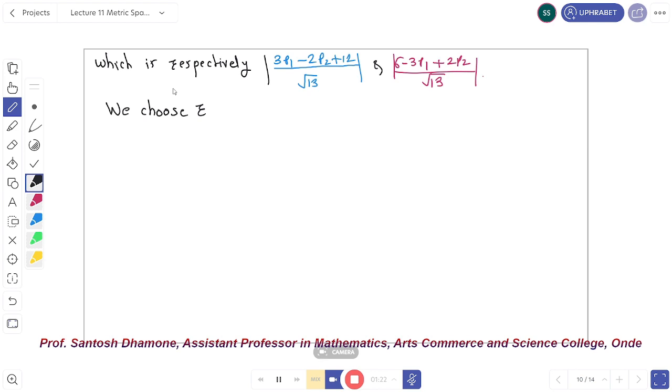Then we consider a point in this open ball. Let the ordered pair (y1, y2) belong to the open ball about (p1, p2) with radius r.